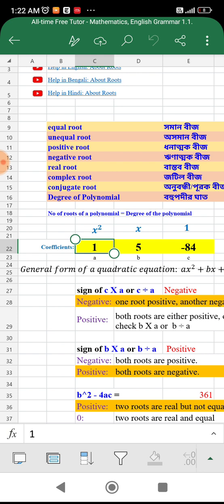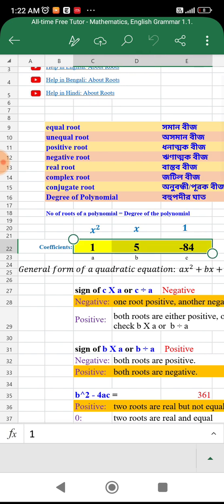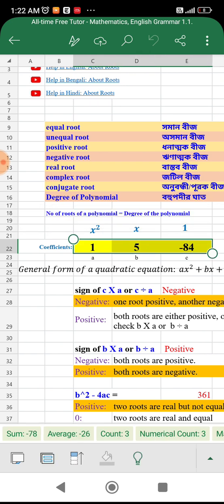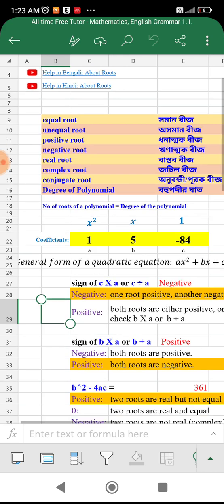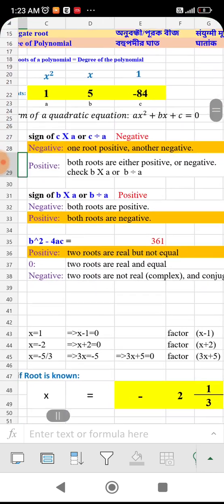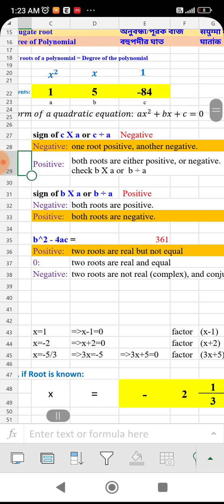From these three coefficient values, we can tell this answer very easily. Just follow this. Take the sign of C into A, or C divided by A, whatever it is.